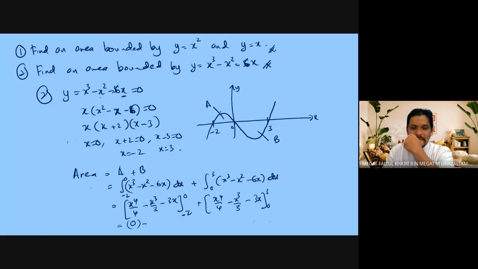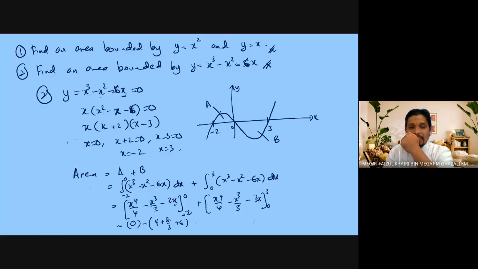Minus, okay, negative 2 to the power 4. 2, 4, 8, 16. Negative 2 to the power 4 is 16. Okay, 16 divided by 4 equals 4. And then negative 2 cubed equals negative 8. Negative, negative becomes positive. Plus 8 over 3. Negative 2 squared times negative 3 equals 6.